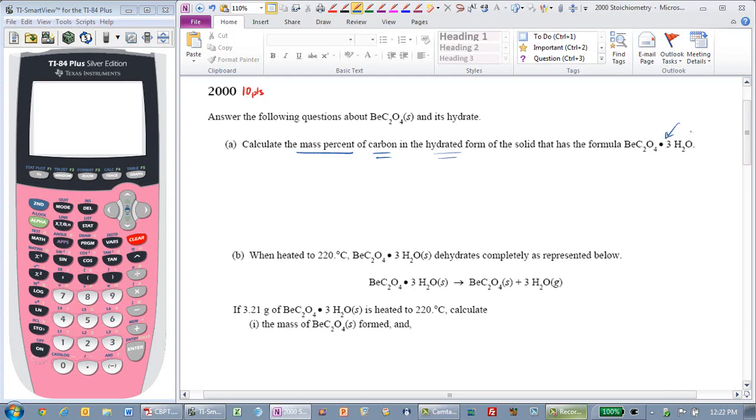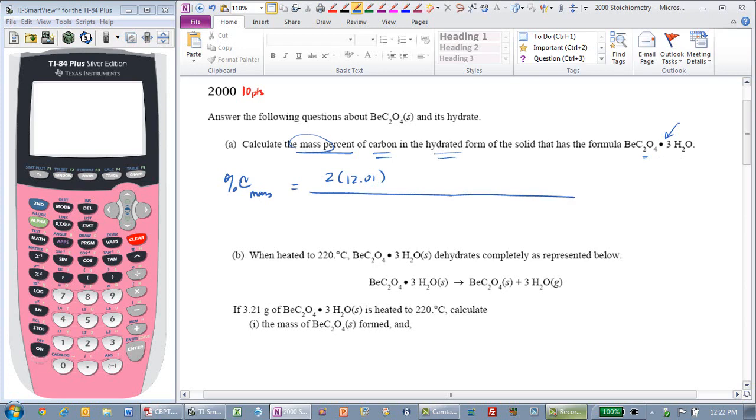Dot waters, I lovingly refer to them as. The technical name is waters of hydration. All right, so mass percent of carbon. That just means part of carbon over whole of compound, with regard to mass. So percent carbon by mass is carbon's mass, and there are 2 of them, 2 times 12.01, over the total mass.